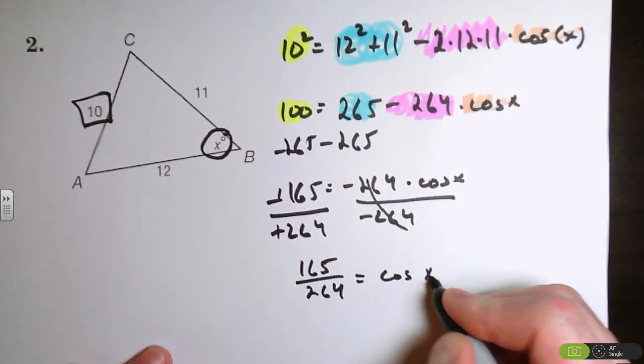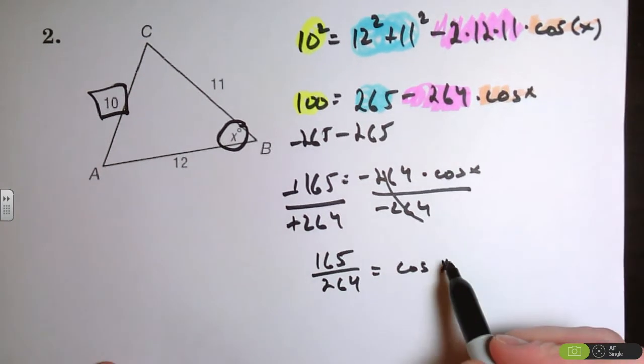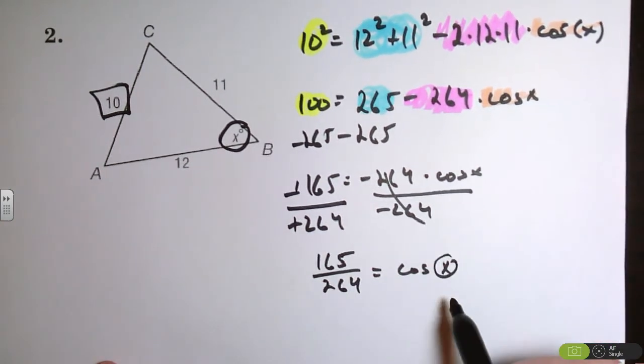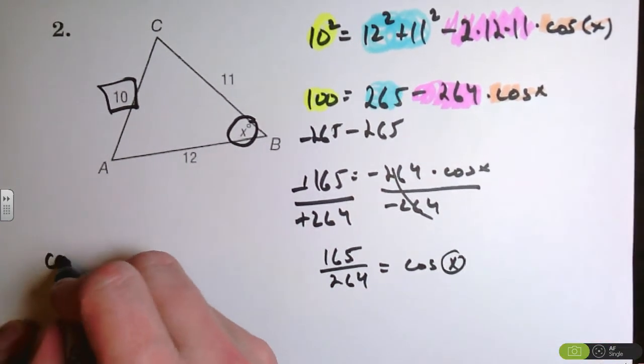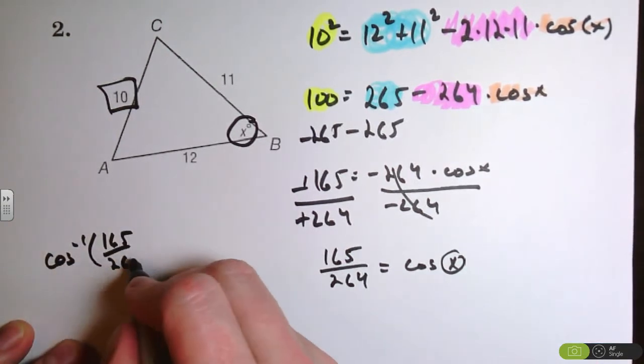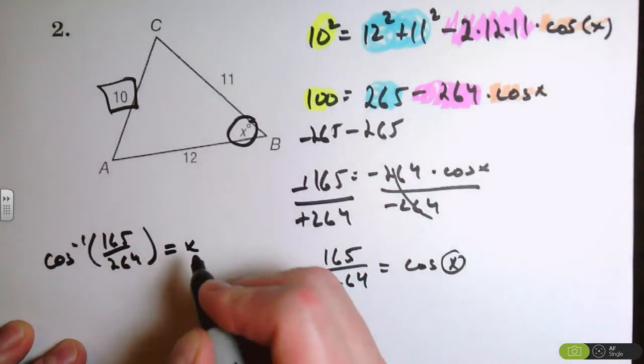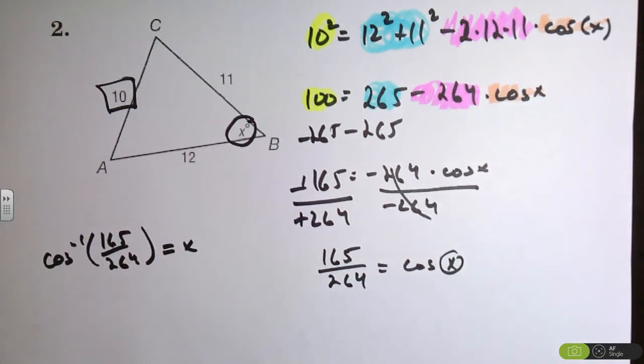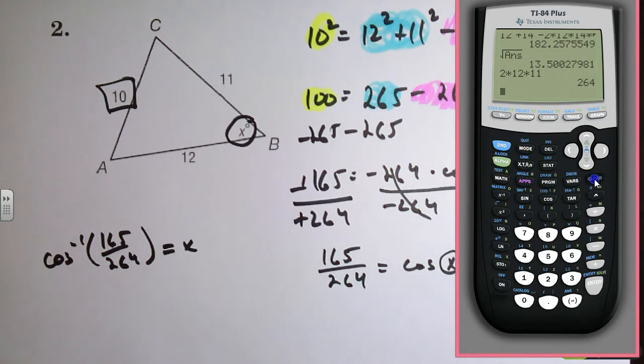Yes, you can get the decimal approximation for that, but now I'm going to work backwards to the angle. In order to do that, that's where we do inverse cosine. Okay, so inverse cosine of 165 over 264, that's x. So clear this out.